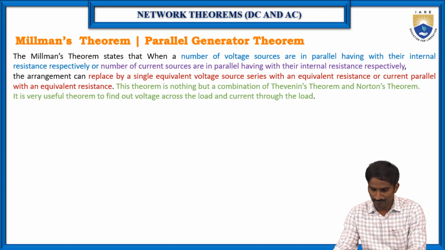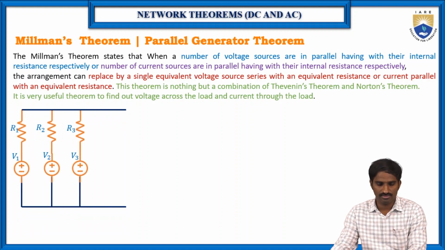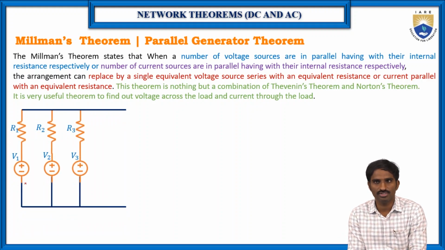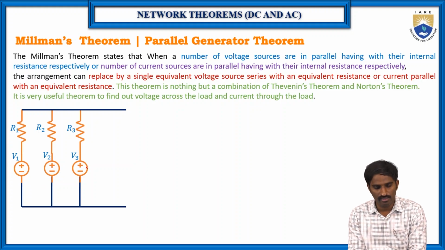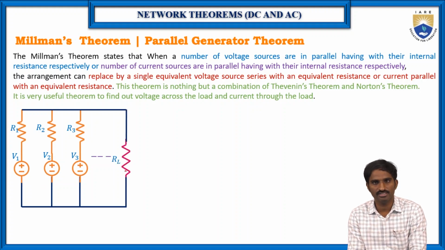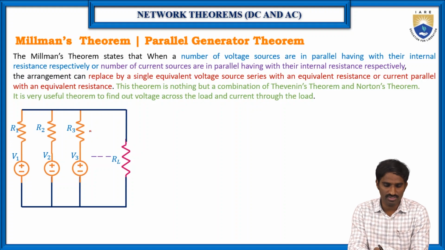Which means, let us see, there are voltage sources having their internal resistances connected in parallel. Then we can replace this whole system, and of course there is a load resistance here, let us consider.